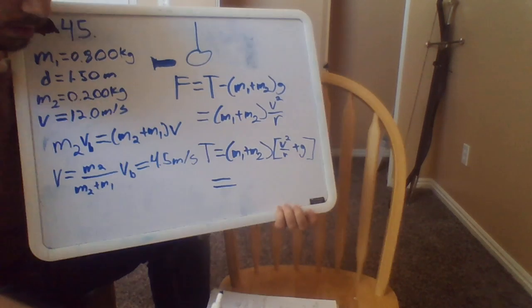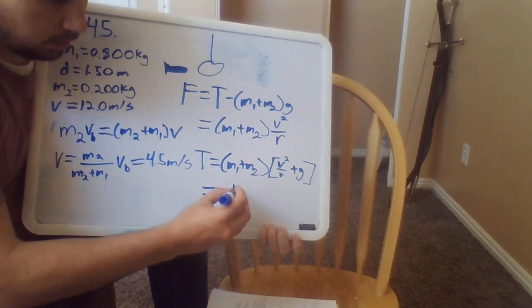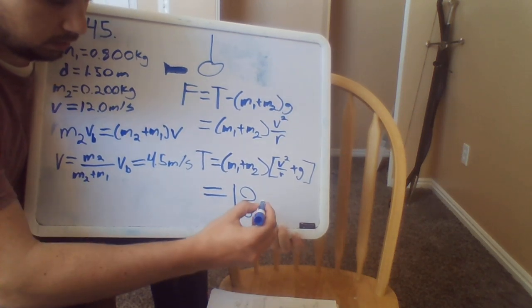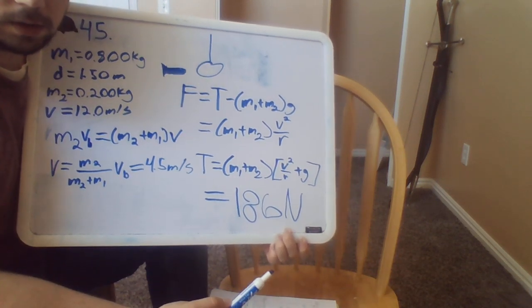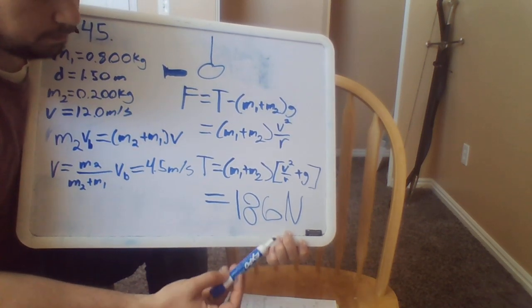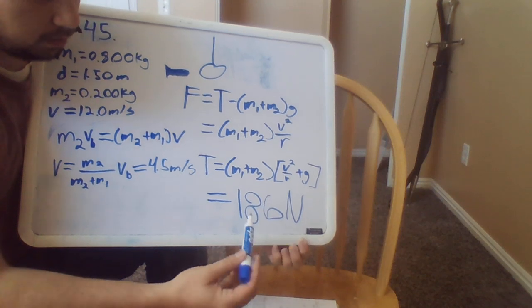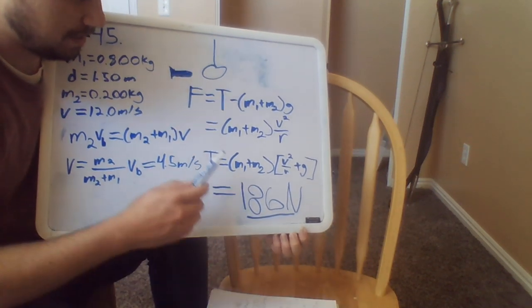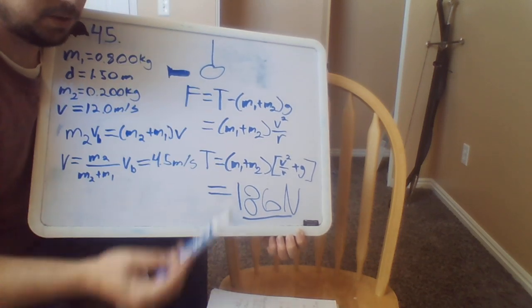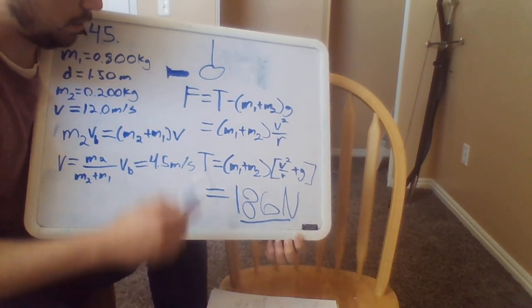You just plug them all in, and what you get is 186 newtons. Hopefully you can read it: 186 newtons is the tension of the string when the missile hits.